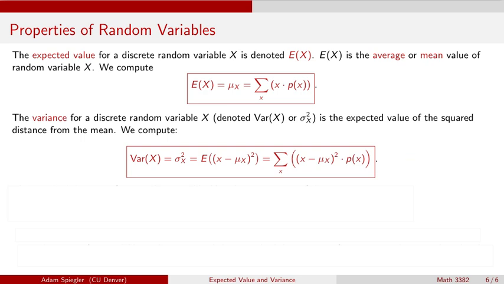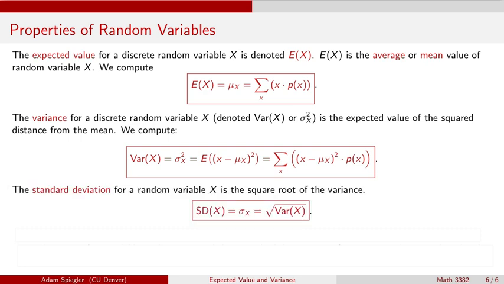The variance is going to have different units from the variable x itself. So oftentimes we might describe the variability using the standard deviation, which is the square root of the variance, since that will have the same units as random variable x itself. And we denote the standard deviation with a sigma with a subscript of x.